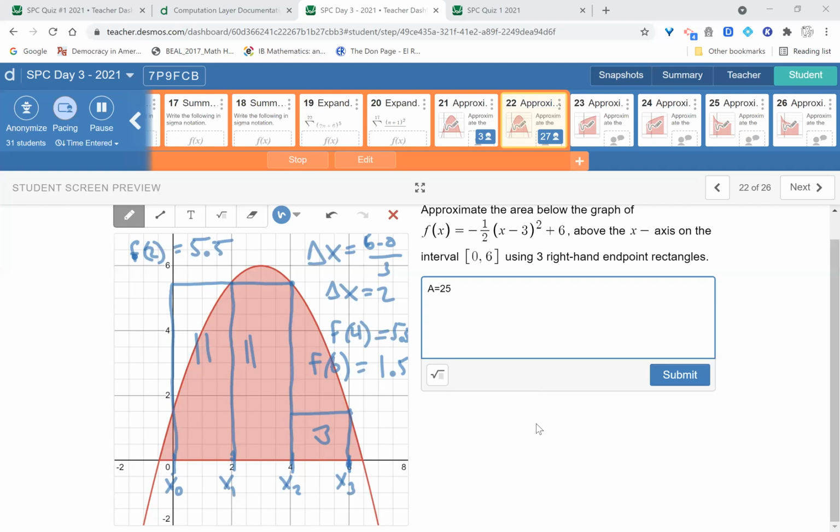Sir, quick question. For the first box, why couldn't you just put like a little box, like 3 on the first one, instead of putting in like 11 and having more space outside? We could have. The reason why we used that run is because the instructions told us to use right-hand endpoints.